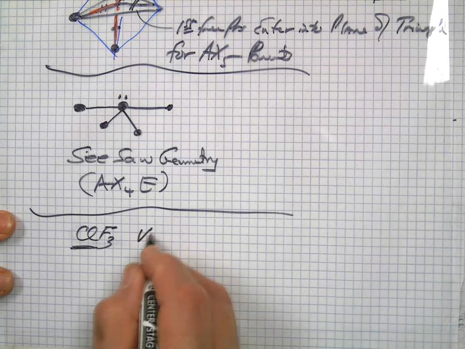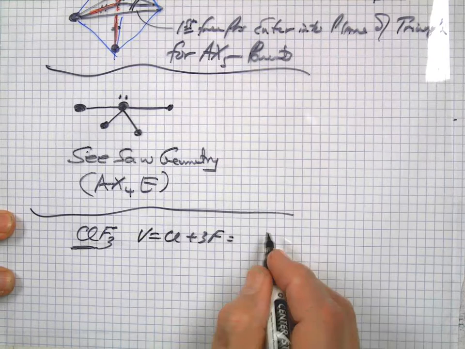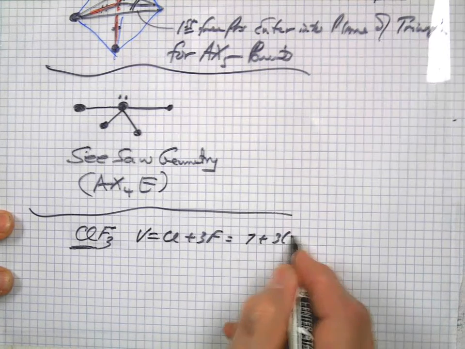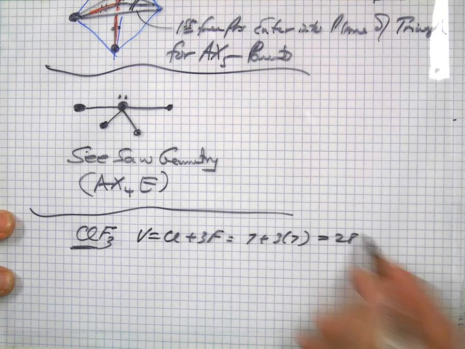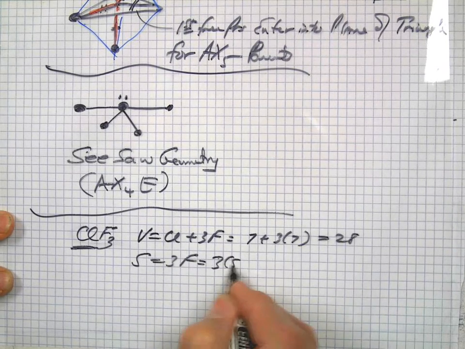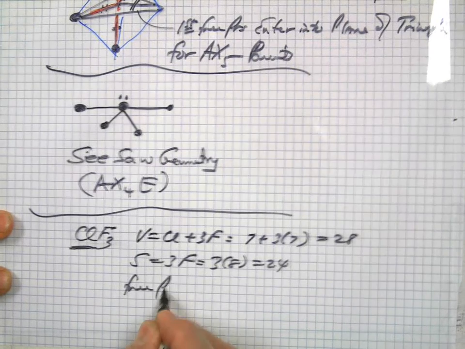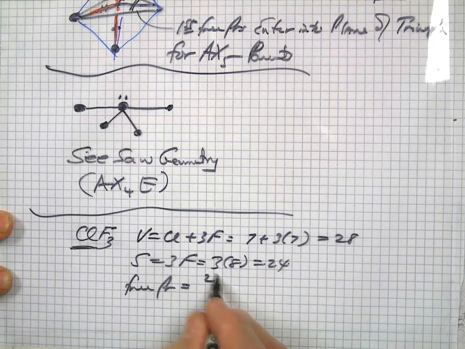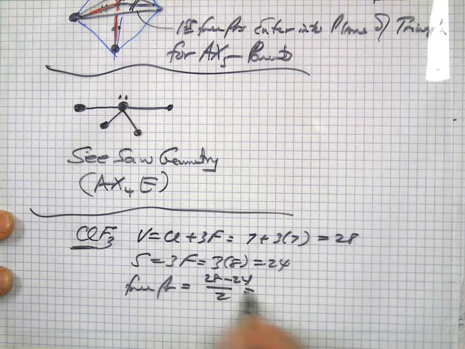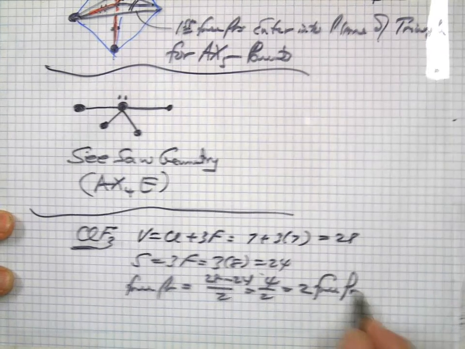Okay, valence is the chlorine plus 3 fluorines. 7 plus 3 times 7, 28. Substrates, we got 3 fluorines. 3 times 8 is equal to 24. So free pair is equal to 28 minus 24 over 2, 4 over 2, or 2 free pairs.